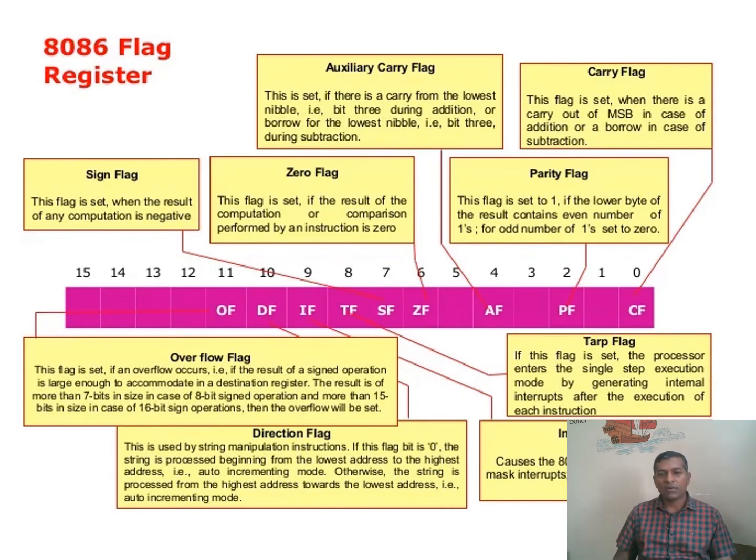Then we have the interrupt flag. 8086 recognizes the external maskable interrupts. Clearing IF disables these interrupts. When we set the interrupt flag, outside interrupts mean somebody is requesting service.